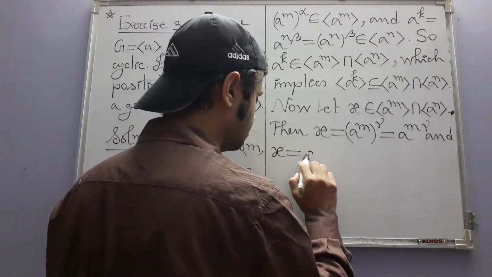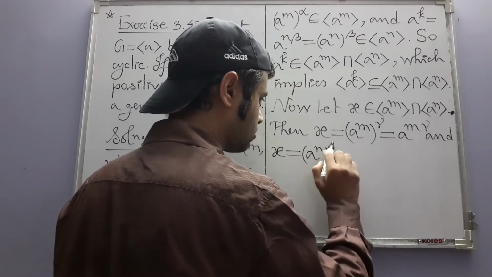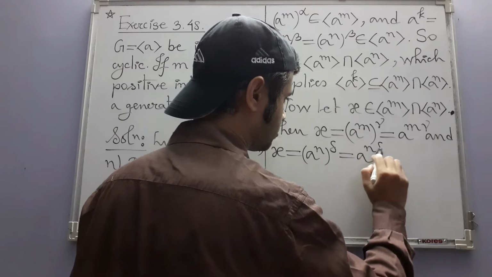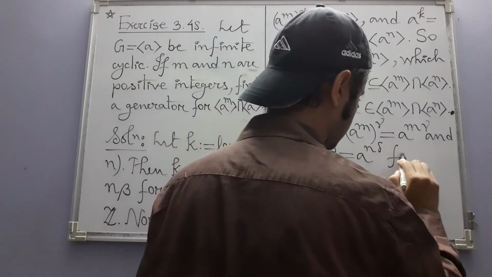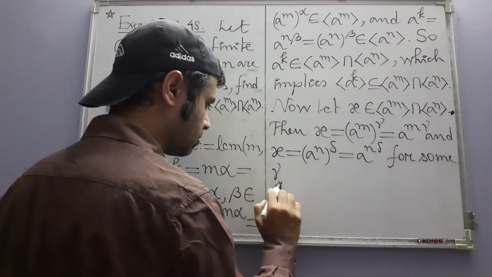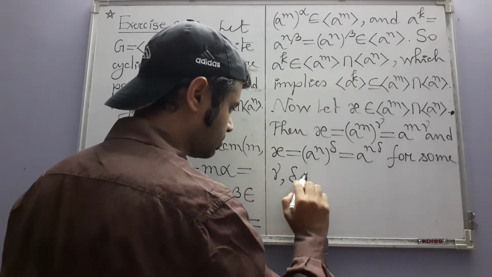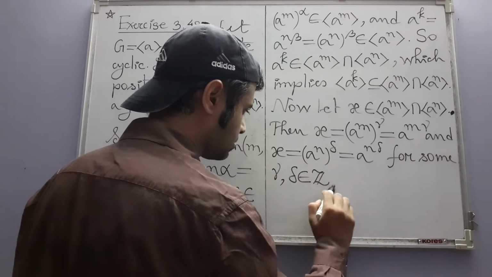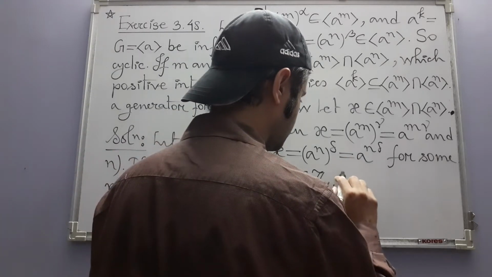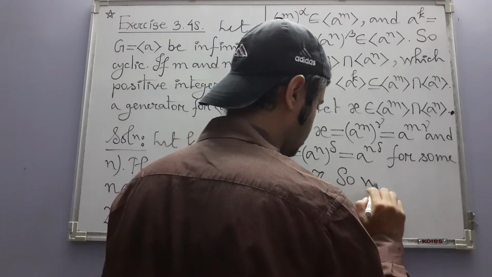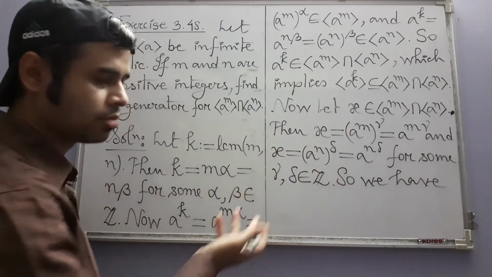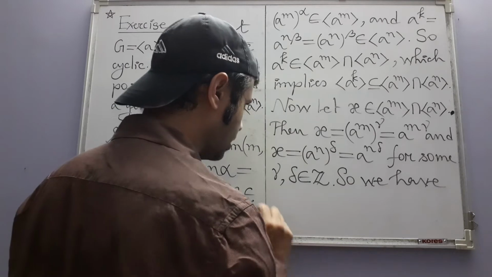At the same time, x equals a to the power n delta, for some gamma and delta belonging to the set of integers. They are equal, right, because both of them are equal to x.